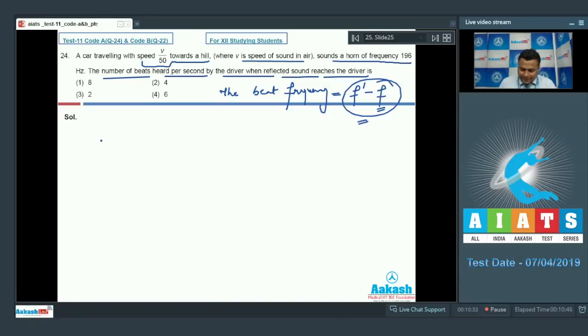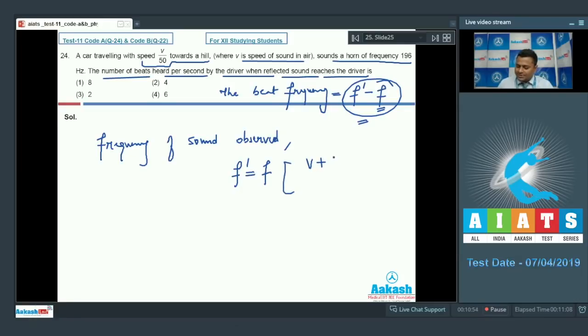Now the frequency of sound observed by observer will be given as f dash, that is f1 v plus vo upon v minus vs, where v is the speed of sound, vo speed of observer, vs speed of source, as both are moving.